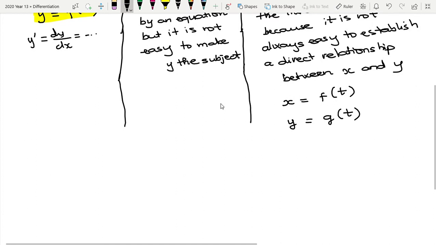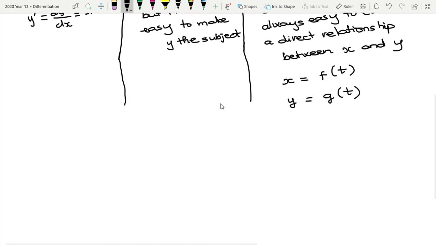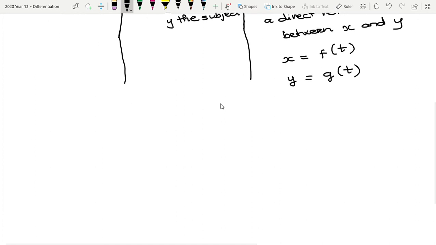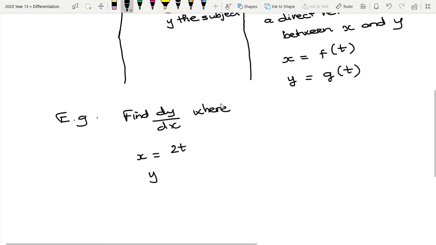Let's look at an example and you will see for yourself what's happening here. Let's say we want to find dy over dx, where x is going to be 2t and y is going to be t cubed plus 6t squared.